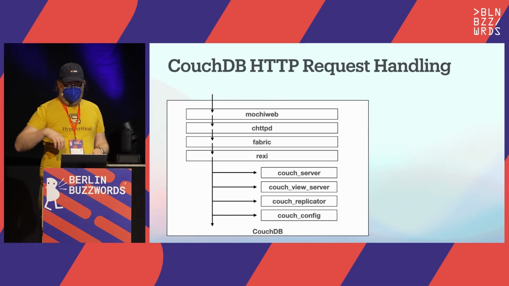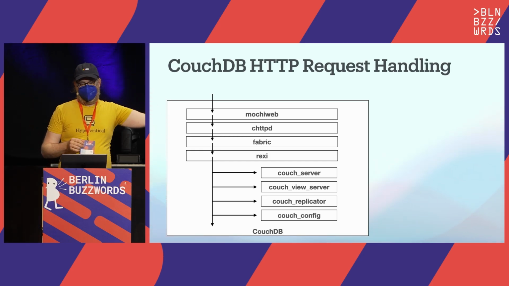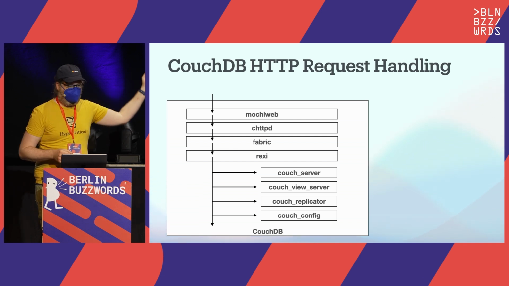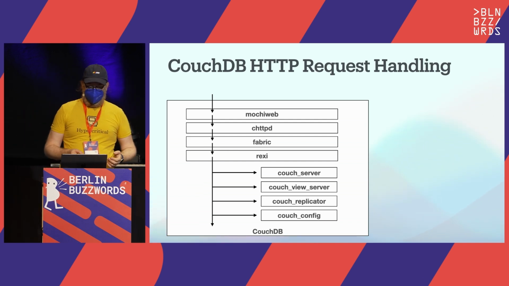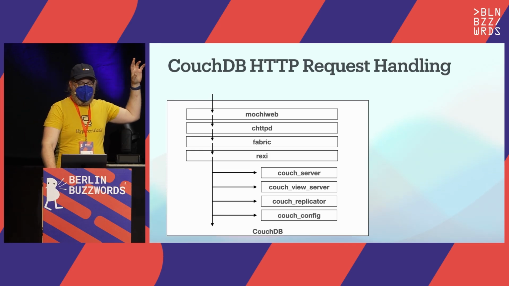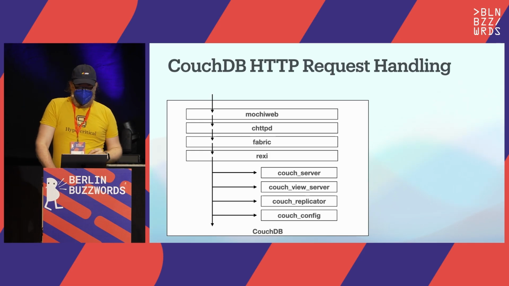And then the end of that will talk to the actual internal CouchDB things: couch_server to talk to the database, couch_index_server to make a dynamic query, couch_config to get configuration out of the system, and so on. And then finally, when this all goes backwards, chttpd sends the JSON back to the client via MochiWeb as well.